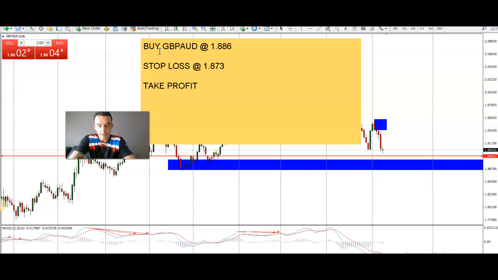Say we'll do a take profit at 1.94, or watch closely at 192.